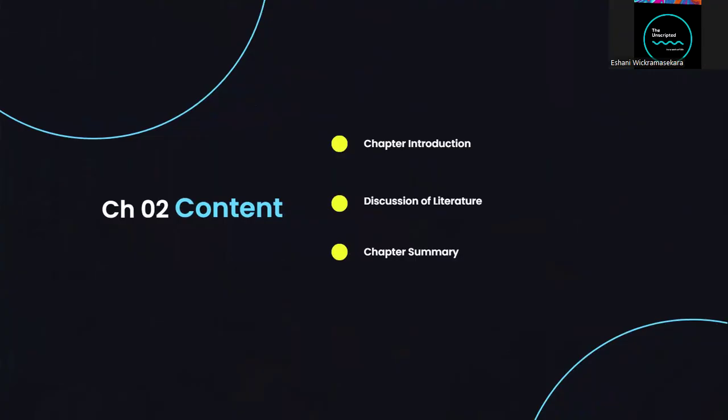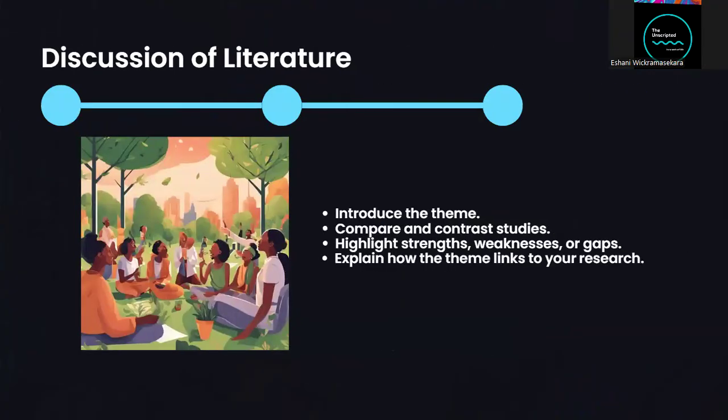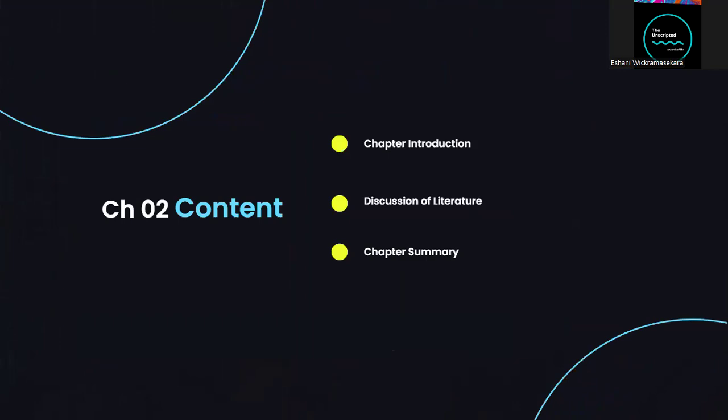Like I said, every chapter needs to have a chapter introduction. So even in this literature review chapter, you need a chapter introduction of 100 to 150 words where you can highlight what this chapter will consist of, right?